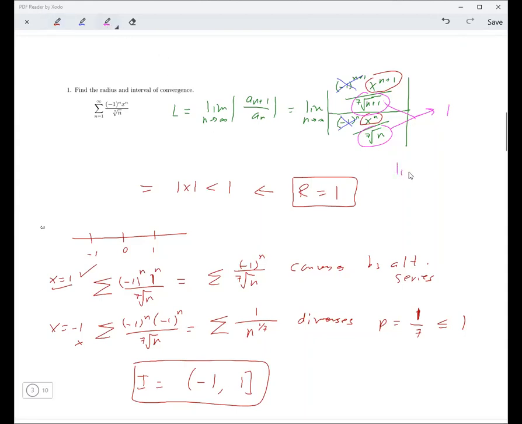What that is, if you take the limit as n goes to infinity, what happens is this is going to go all the way to the numerator. This goes to the denominator. So you have the 7th root of n over the 7th root of n plus 1. That limit's going to be 1. And that's what that is. Okay, thank you.